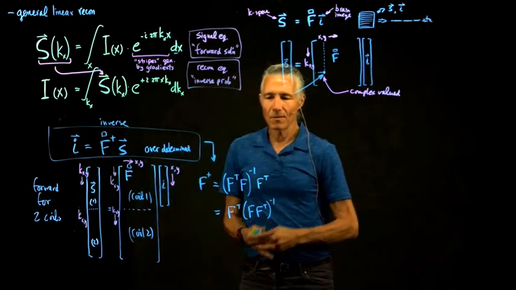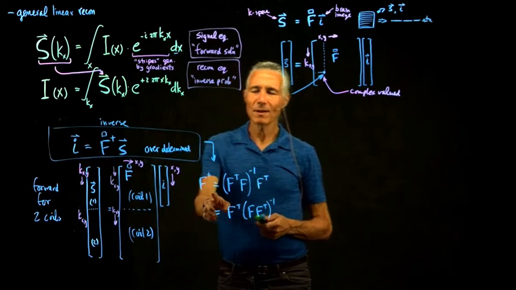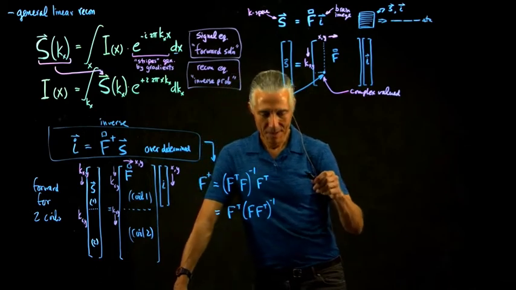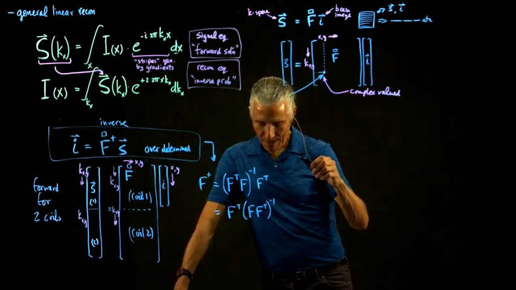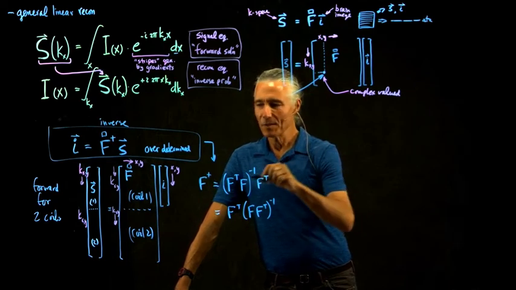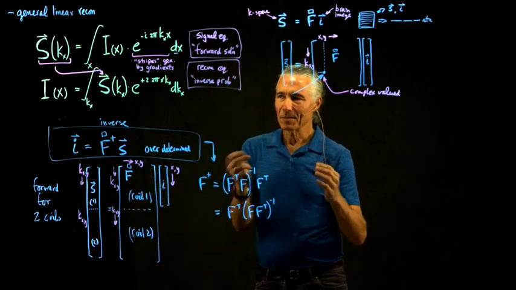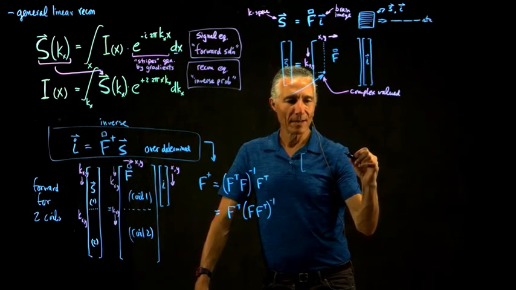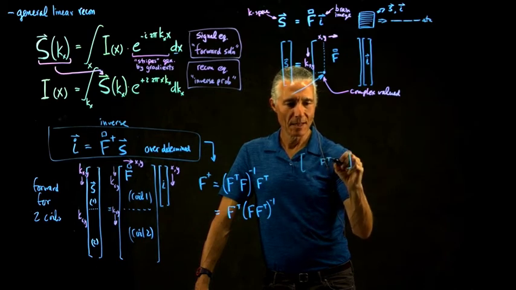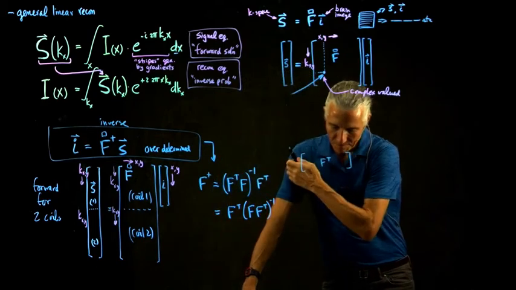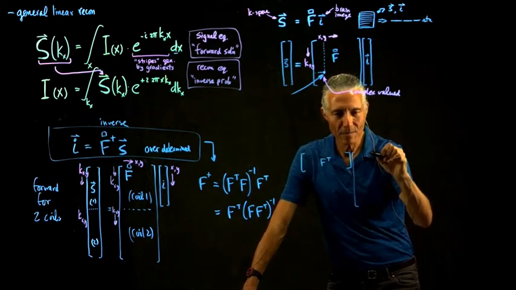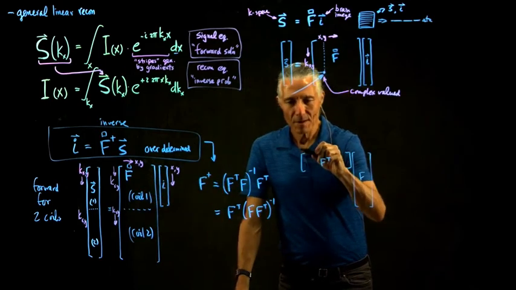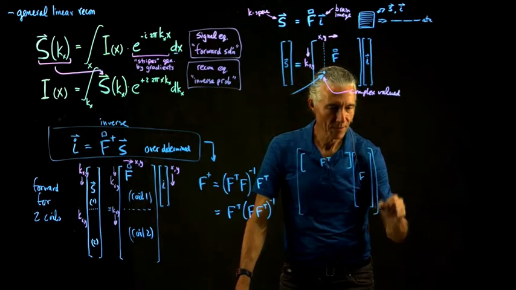Okay, so what is that actually? These are mathematically equivalent, but one of them involves a lot more numbers, and so we don't want it. So if we look at the first one, the transpose of this guy, that just means swap the rows and columns, is going to be a long rectangular matrix this way. So that's FT. And then we're multiplying that by a rectangular matrix this way, which is F, our original F, and then we're taking the inverse of that.